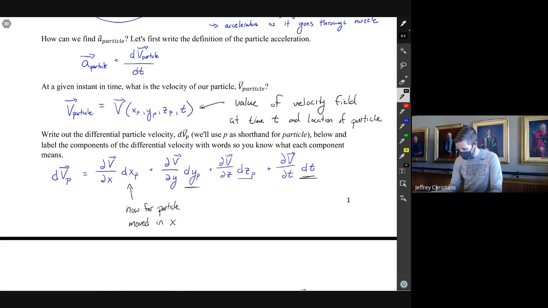So this is how the velocity field is changing in x.